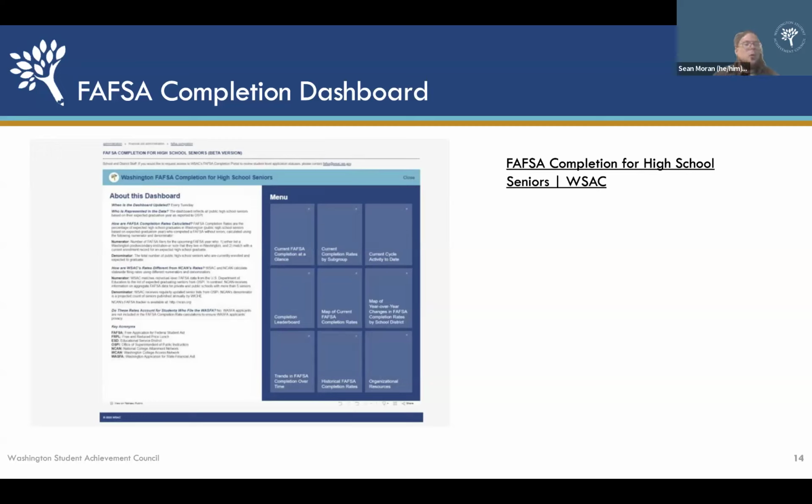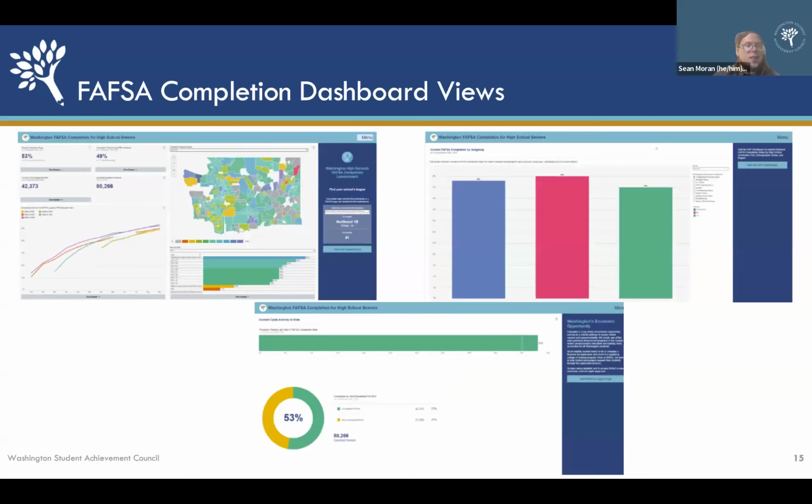Okay. So, what I want to go through is some of the views that are on the FAFSA dashboard. Okay. So the first view that many of you will see, it starts on the At a Glance page, and that is on the top left of the screen. And what you'll see is this makes up a variety of information.